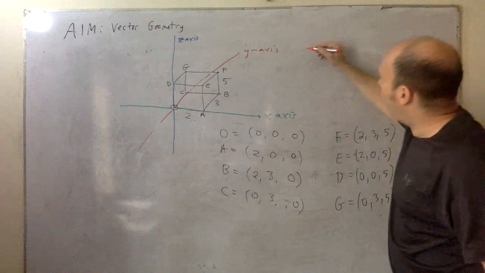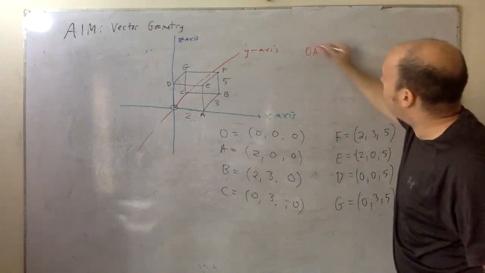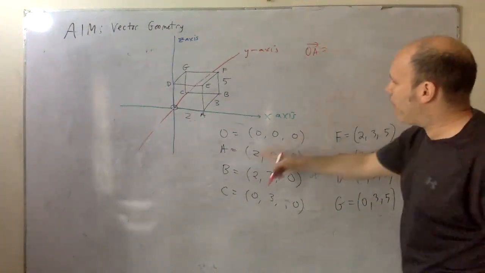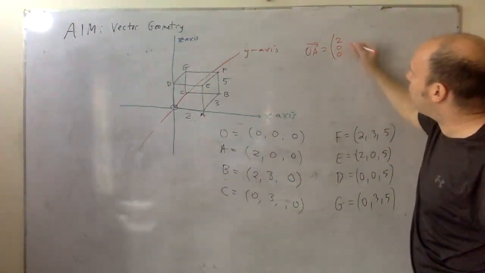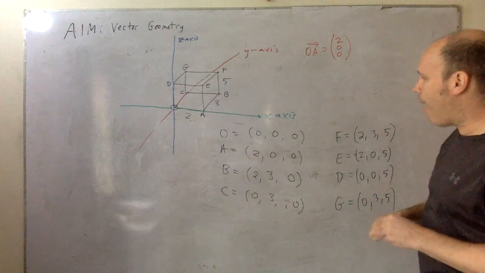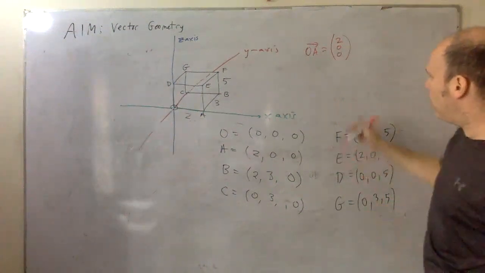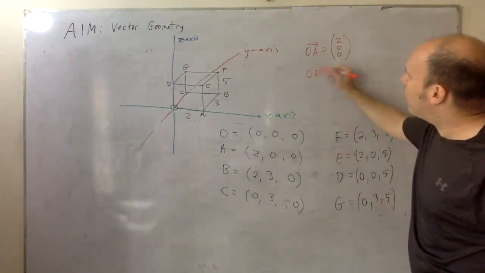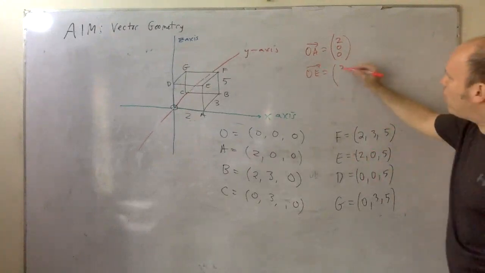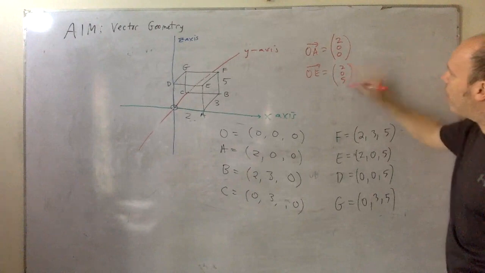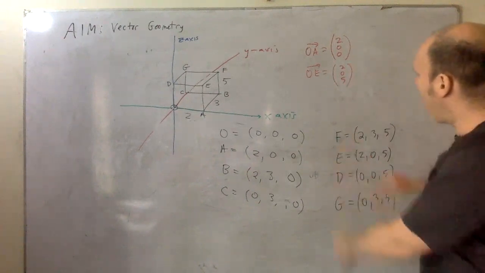So let's think about this. What is OA? Instead of writing 2, 2, 0, now we're going to write 2, 0, 0. How about OE? Well, this is 2, 0, 5. What's going on with how about F?